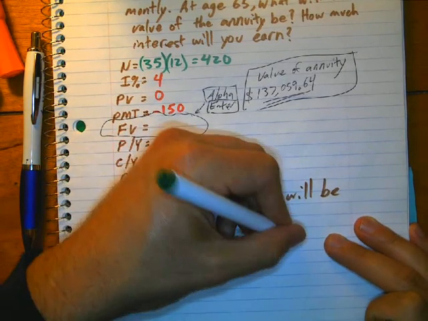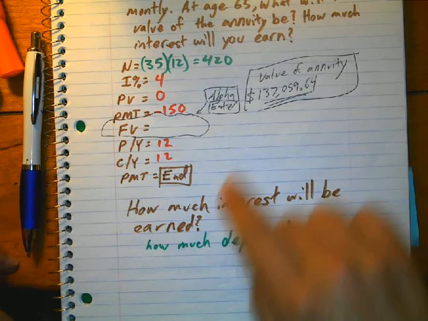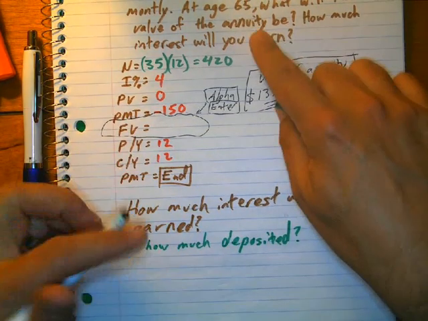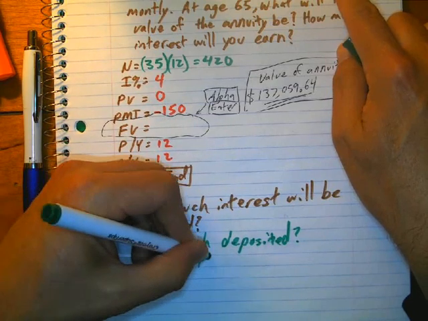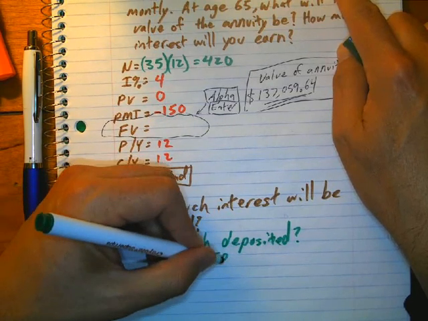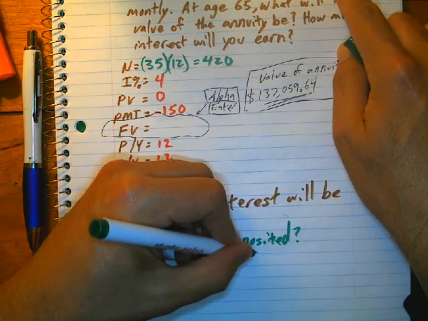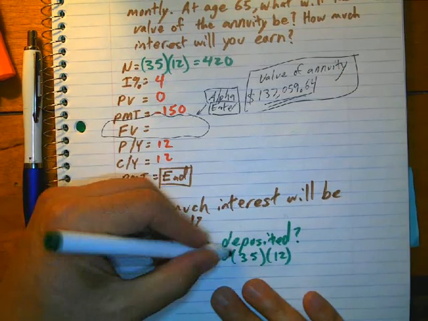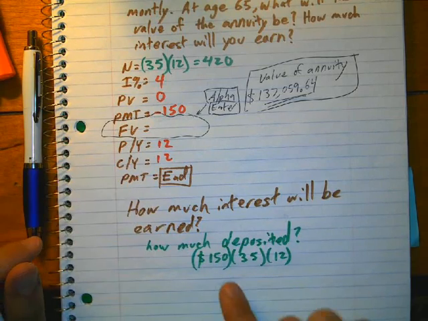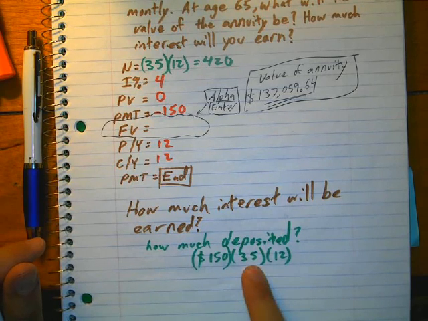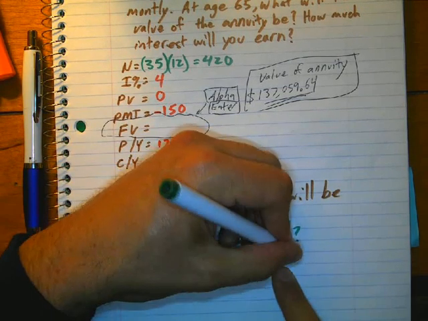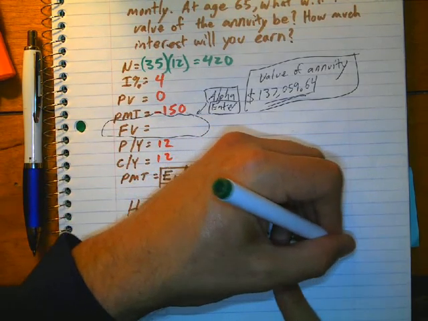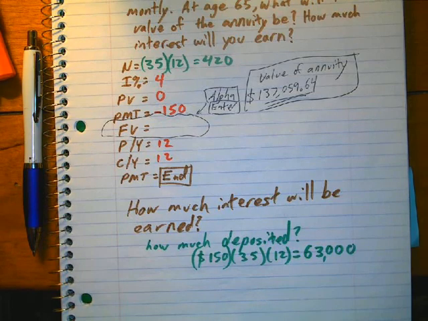We were depositing 150 each month, and we did it for 35 years, and we did it 12 times each year. So this is how much we deposited, 35 years, 12 months, and you multiply those all together, and you get $63,000.